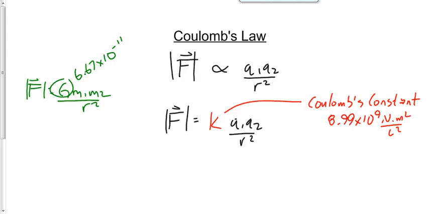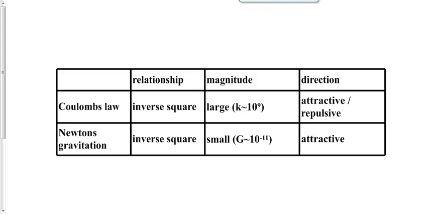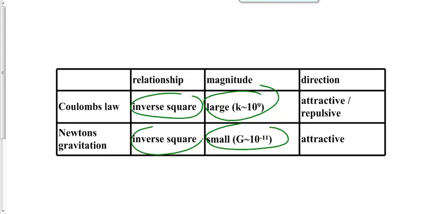And we talked about that yesterday, right? Why it's a stronger force and where we see it as a stronger force. This is almost always, in almost every situation, a stronger force than the gravitational force. We saw yesterday that they're both inverse square relationships because they both have F inversely related to the square of the distance. We saw yesterday that Coulomb's law can be attractive or repulsive because we have two kinds of charge.